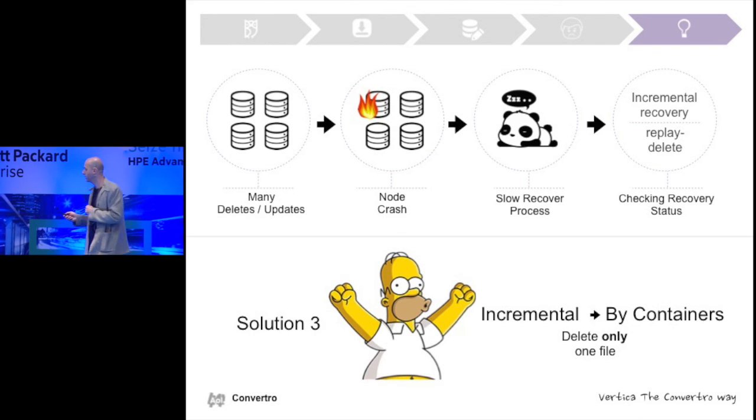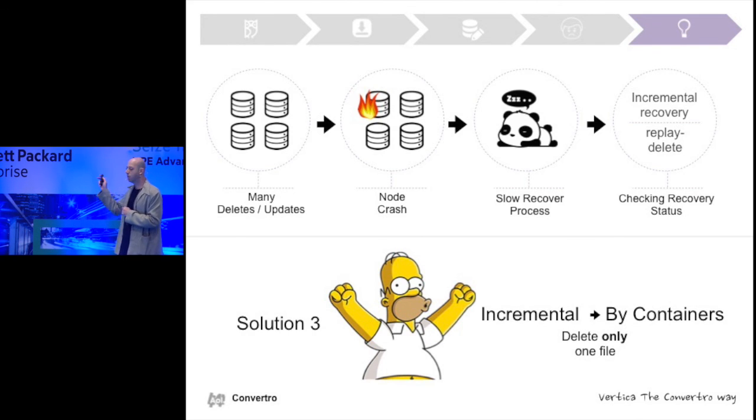But the best solution here is to delete only one file. What you do is you check which table is doing the replay delete or incremental recovery, and then you go to the storage containers table and check which ROS file this table belongs to.